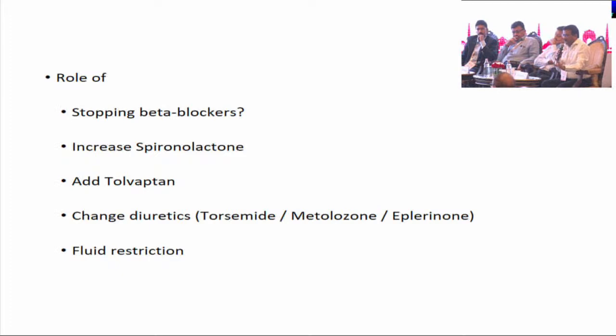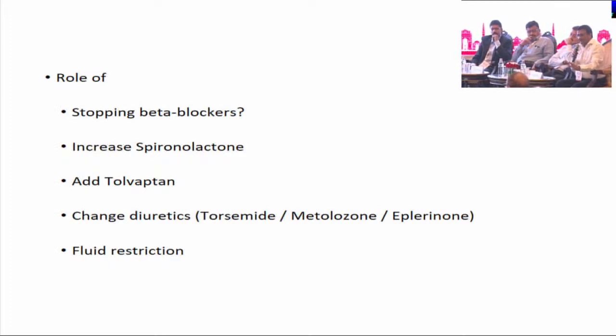So we have to stop furosemide, torsemide, spironolactone. Every diuretic should be stopped. And sodium is low, that is 129. So we have to restrict, because this is hypervolemic hyponatremia. So we have to fluid restrict in such a scenario.